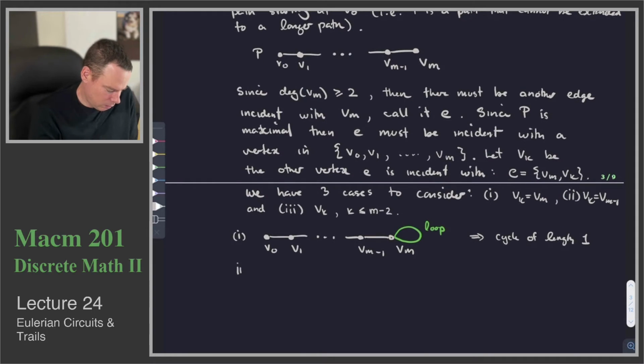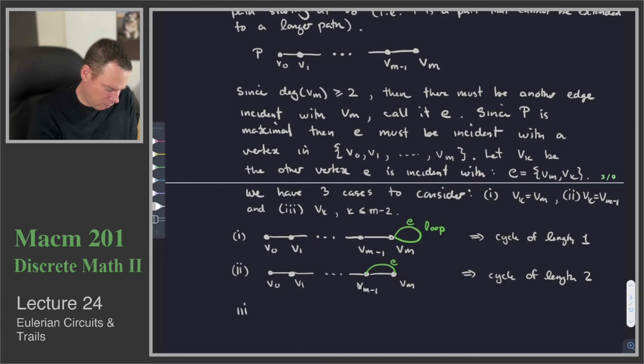What's case 2? Case 2 is that we have our path P and our last edge E, in this case, just went back to the previous vertex, Vm minus 1. So in this case, we have a cycle of length 2.